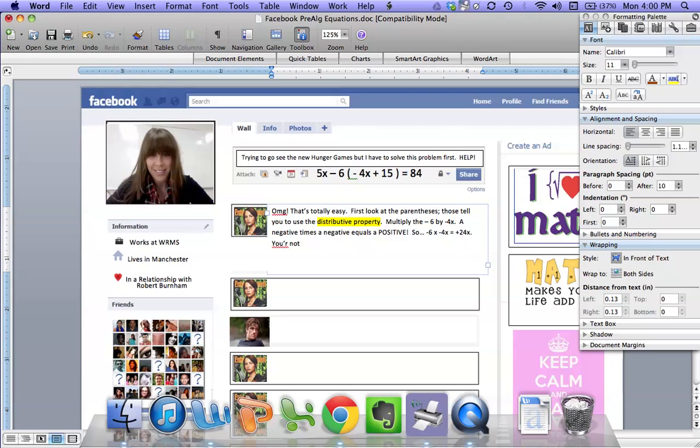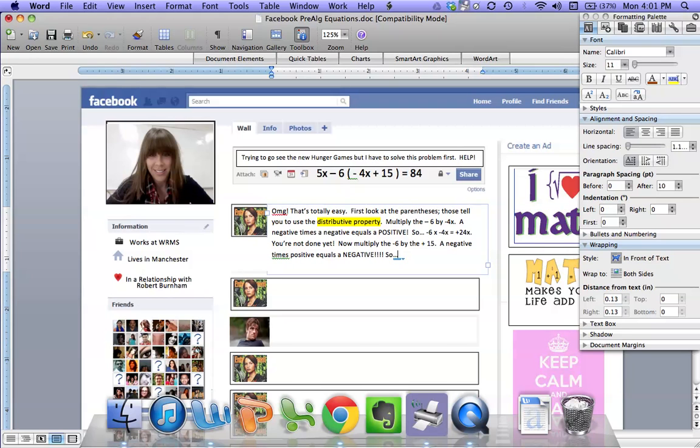You're not done yet. Now multiply the -6 by the positive 15. A negative times a positive equals a negative.